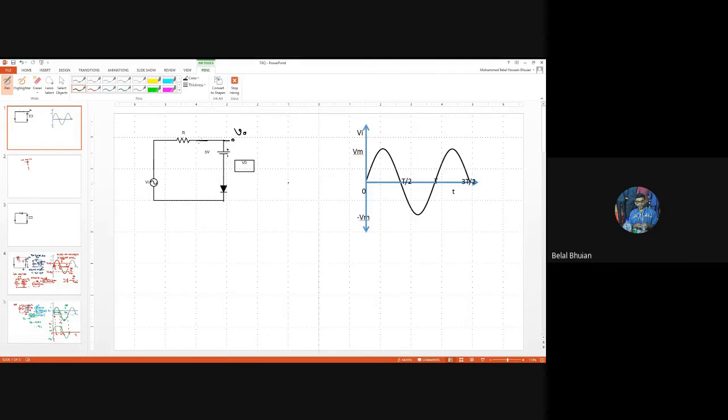V naught. Very quickly, first of all, we're going to determine the transition state voltage. At the transition state, we redraw the circuit.